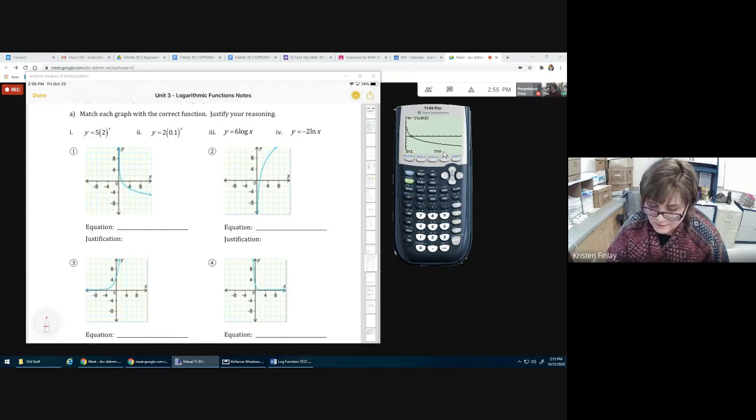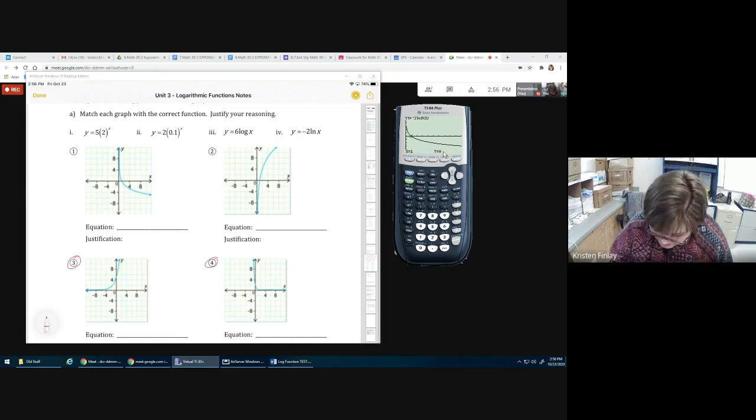Oh, these are exponential functions, aren't they? That's okay. Some of them are. So if they're exponential functions, let's see, 3 is an exponential function, right? So what is an exponential function that we have that would fit? These two are exponential functions, right? Because they fit that pattern.